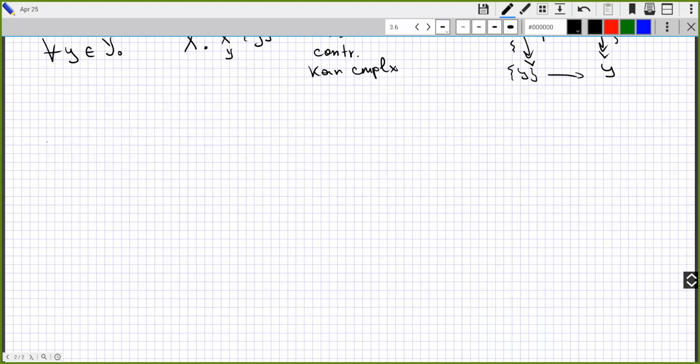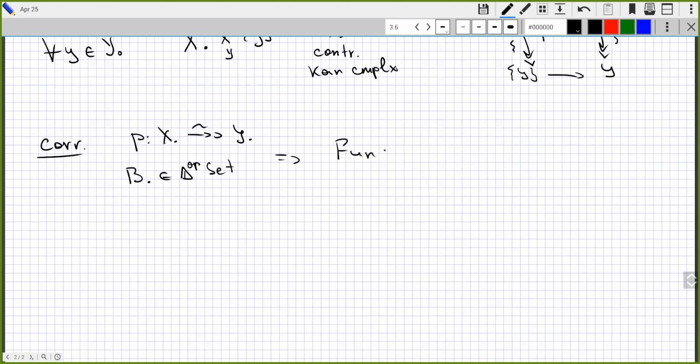Another more useful thing is that such a map, and if you get, then the induced map on the functional complex is a trivial fibration. That is actually extremely useful.